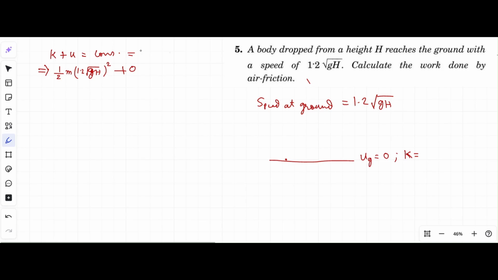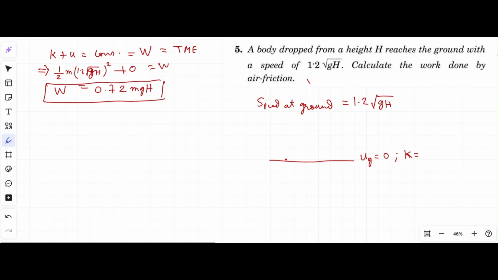I mean, this is the constant. So this is W, the work done, or we can say total mechanical energy, which will be equal to 1.2 root g whole square times half m, which is 0.72 mgh. Up to here we know that this is total mechanical energy, or the work done, and it is constant. Kinetic energy plus potential energy is constant.